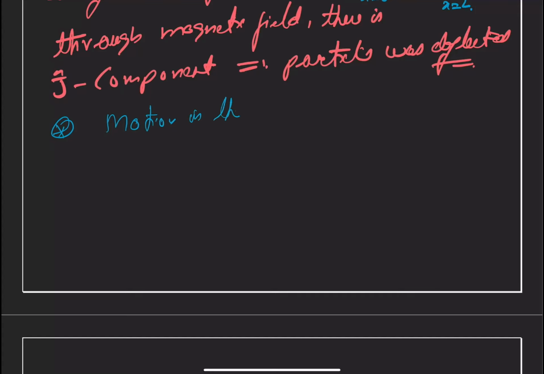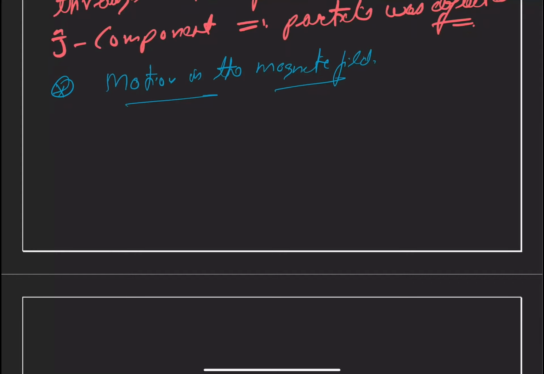The magnetic field is uniform, so we can write the force because of the magnetic field is equal to q, we have here v cross B, and the force will always be perpendicular to the velocity, which results in a circular motion, and the speed is a constant, only the direction is changing.